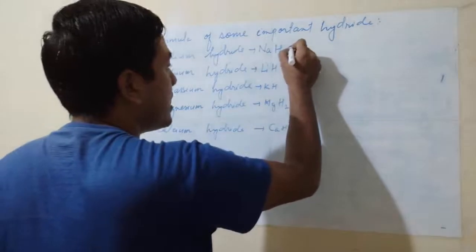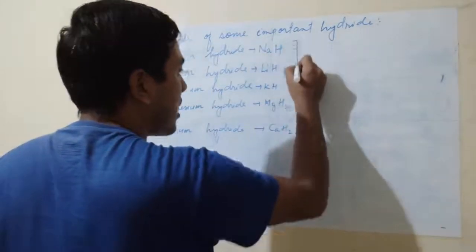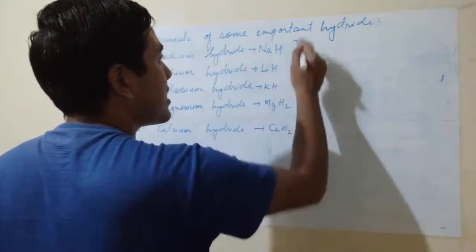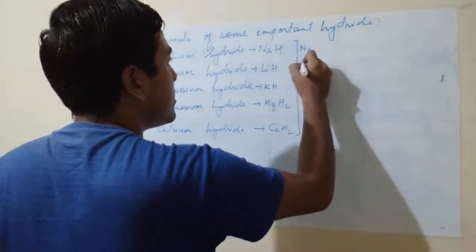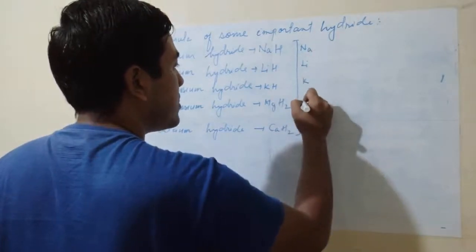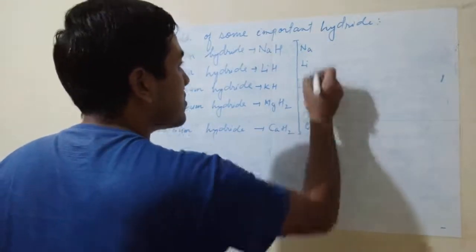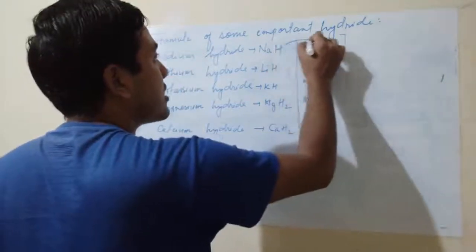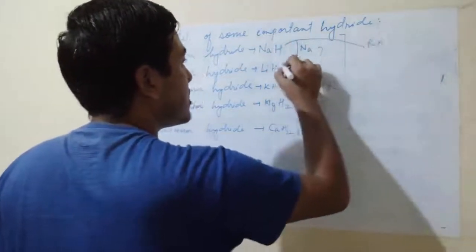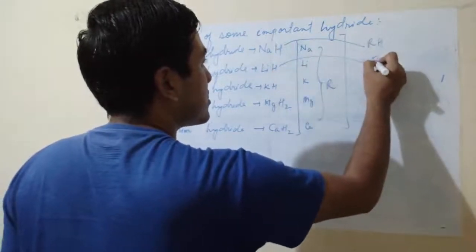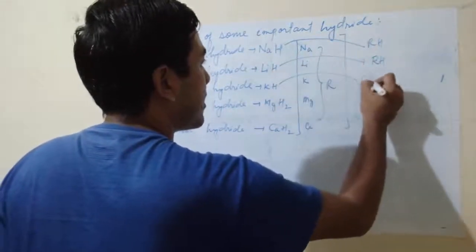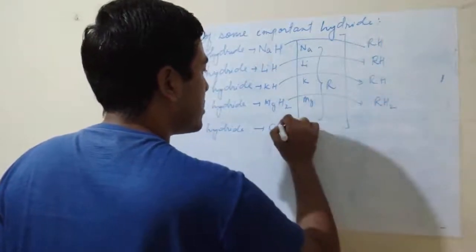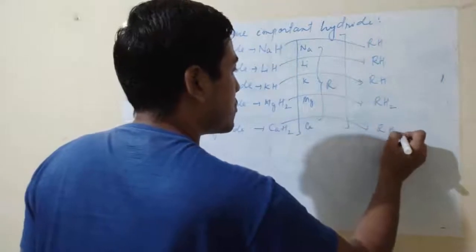If all the metals are replaced by R, what are the metals? Sodium, lithium, potassium, magnesium, calcium are replaced by R. Then this hydride will become RH, RH, RH, RH2, RH2.